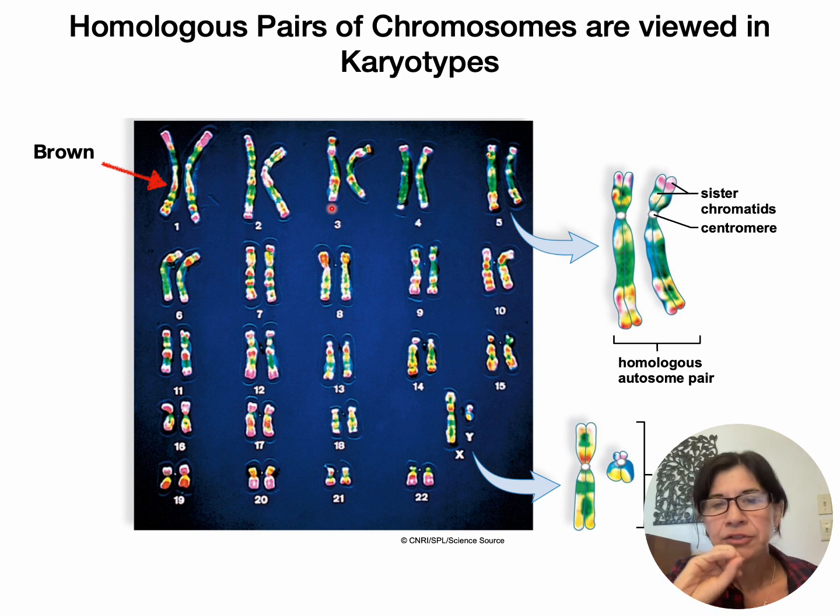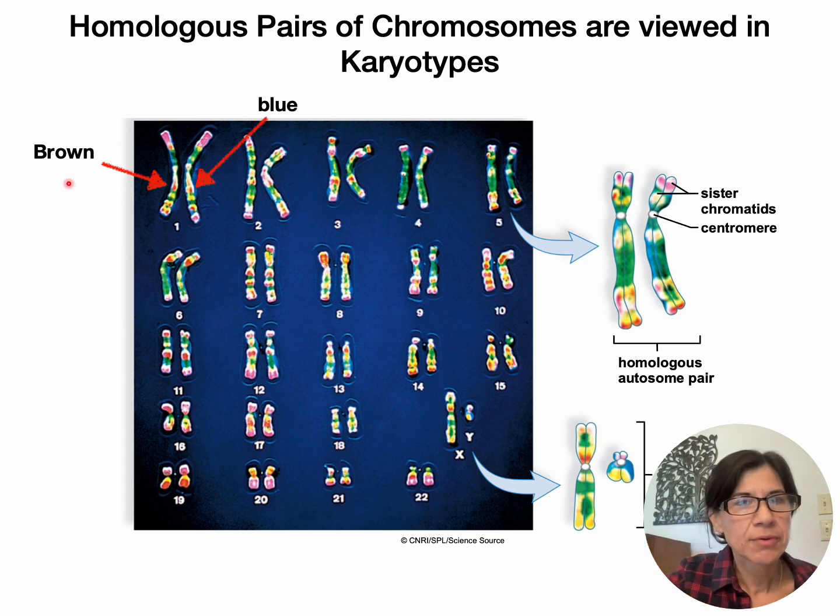But the genes can be in different forms, all right? So for example, I'm giving you an example here. Chromosome pair number 1, and this is just me making up this example, okay? You could say that this region contains the gene for eye pigment color. These are homologous chromosomes because they both contain the same gene, eye pigment, but that gene can be in different forms.